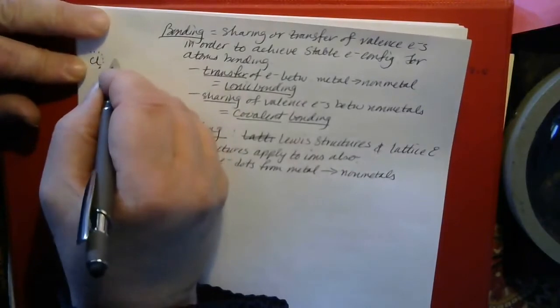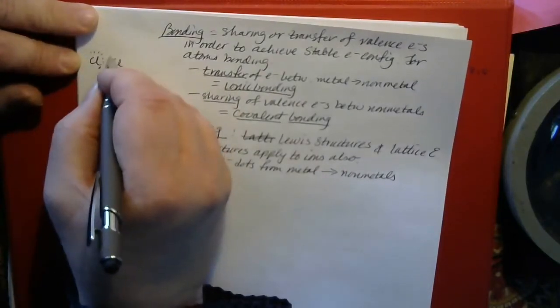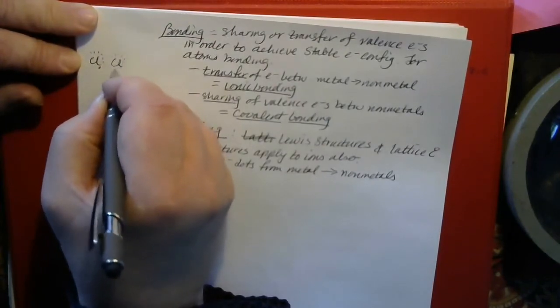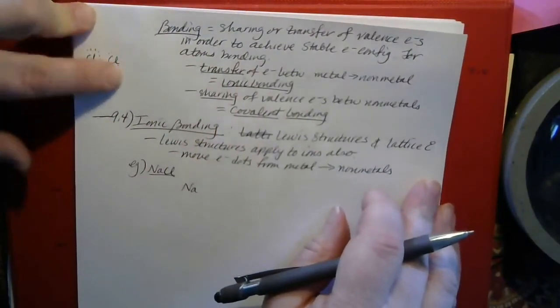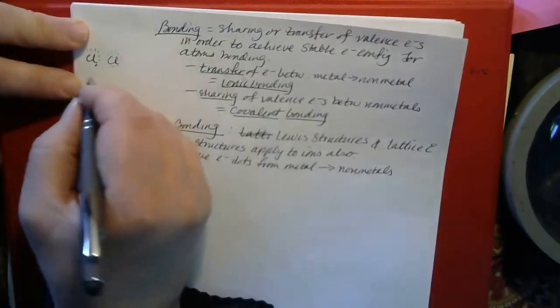So a chlorine atom would look like this. Chloride ion could look like this. That's not really a big difference in the way they look. And looking at them at a glance, you can't really tell.